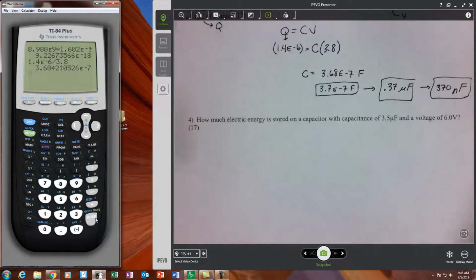All right, next we have how much energy is stored on a capacitor. It's got a certain capacitance, and it looks like it's given a voltage.